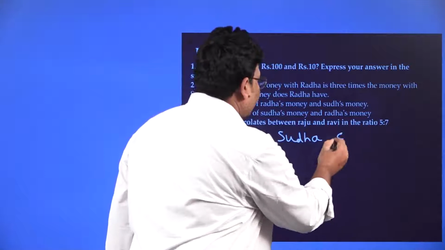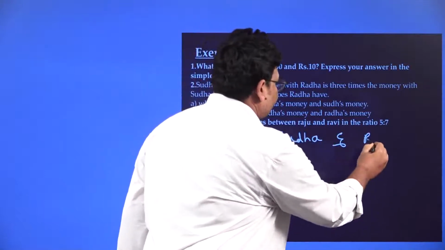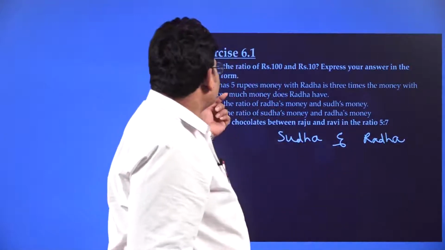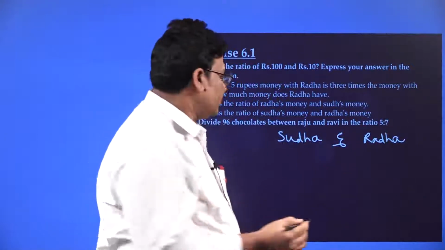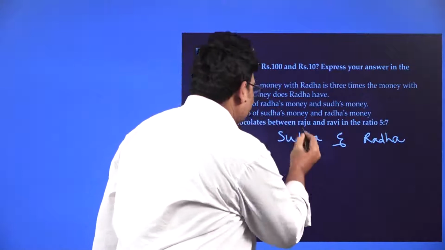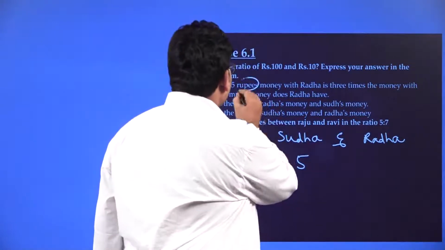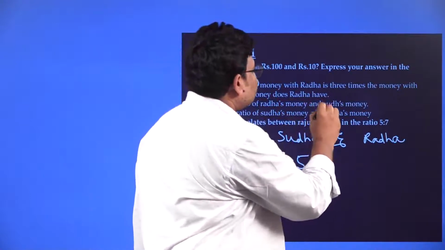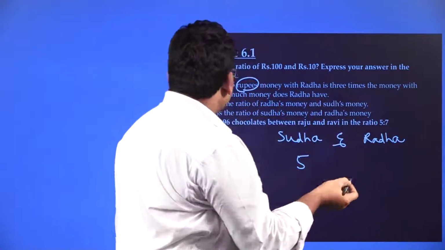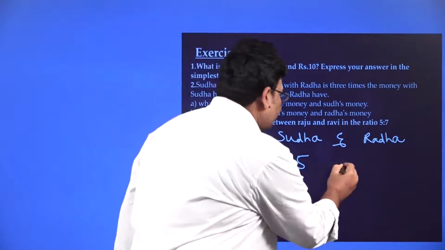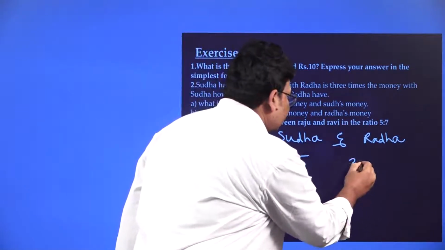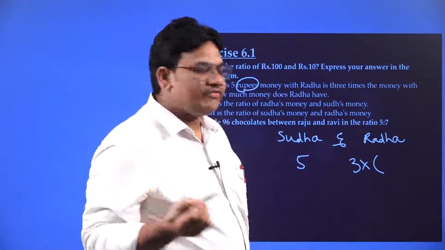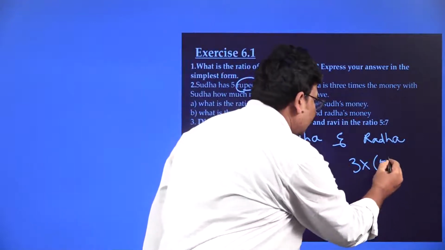Find the ratio of Sudha and Radha. Sudha has 5 rupees, so here the units are rupees. Radha has 3 times the money with Sudha, so 3 into Sudha's money. Sudha has 5 rupees, so 3 into 5.